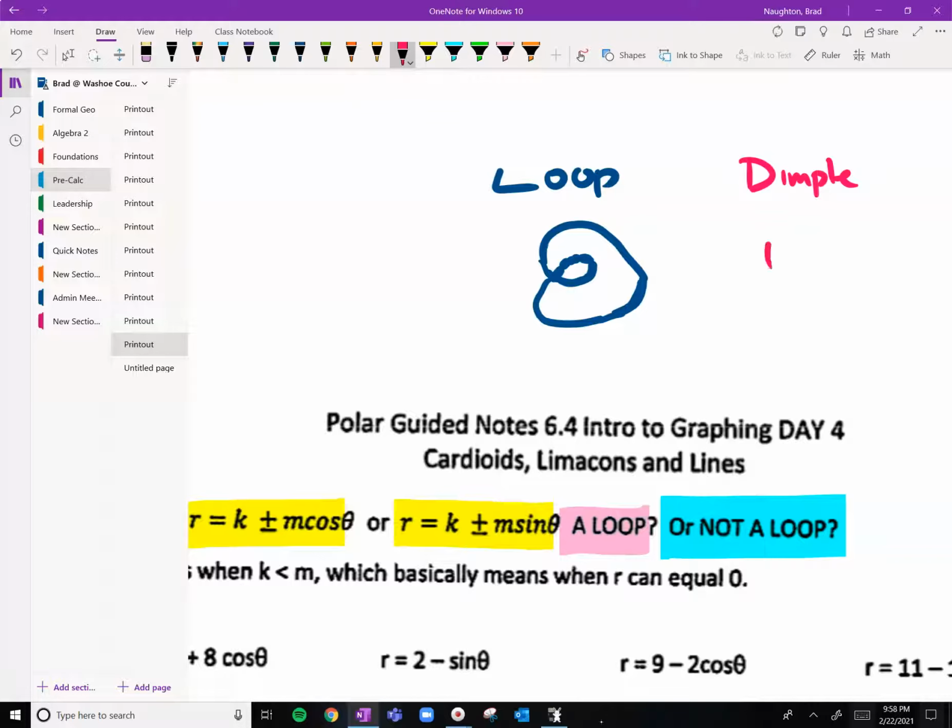Then it's still going to look kind of like a cardioid, but it's not going to have such a pronounced little heart that dips in. Now, what's going to be important is that on a loop, that intersection where it doubles over onto itself is going to happen at a pole. At a dimple, the pole is going to be inside, and we're going to come back to that in a little bit.